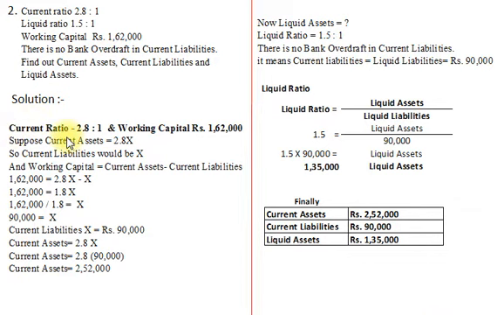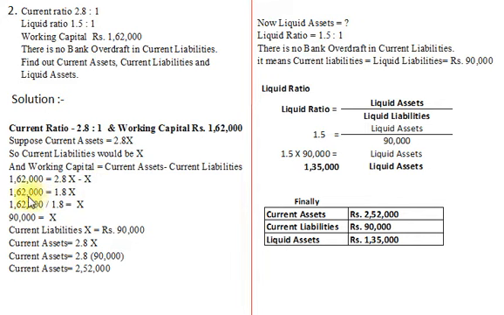We have a current ratio 2.8:1 and working capital rupees 1,62,000. Now suppose our total current assets is 2.8x. So our current liabilities would be equal to x, and working capital formula is current assets minus current liabilities. So 1,62,000 is equal to 2.8x our current assets minus x our current liabilities.